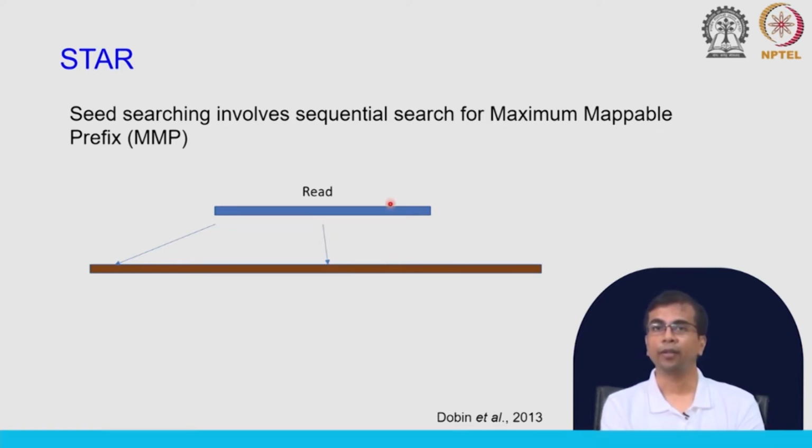And again maybe it finds that the alignment drops after this point of the read, and then it will generate another seed from here and start searching again against the reference genome. So, this is the sequential search. It is generating this prefix, the first part of the reads, it is taking the remaining part of the reads, and taking the first part to generate seeds and searching against the reference sequence. So, this tool works with quite a bit of efficiency, but of course, you remember, seed searching is quite a tedious process, and it might take a bit of computational time.